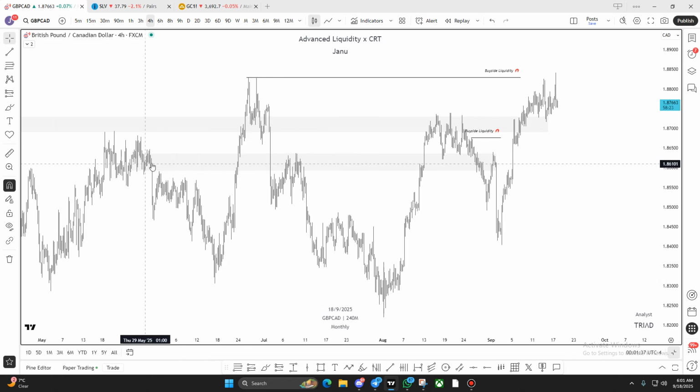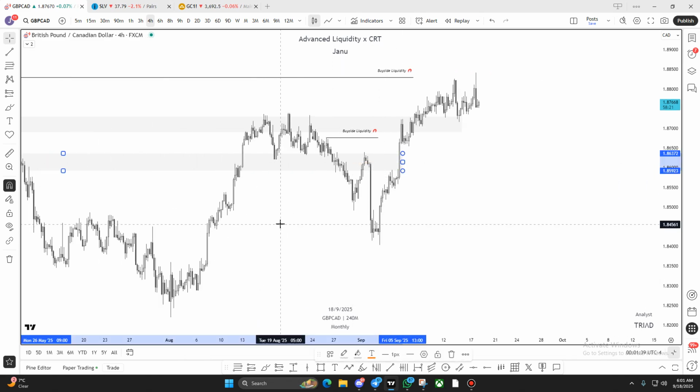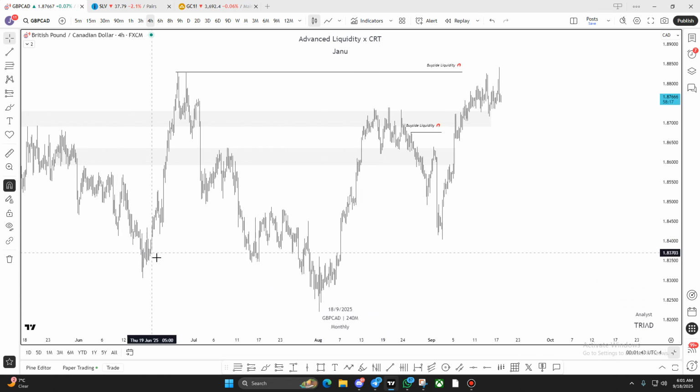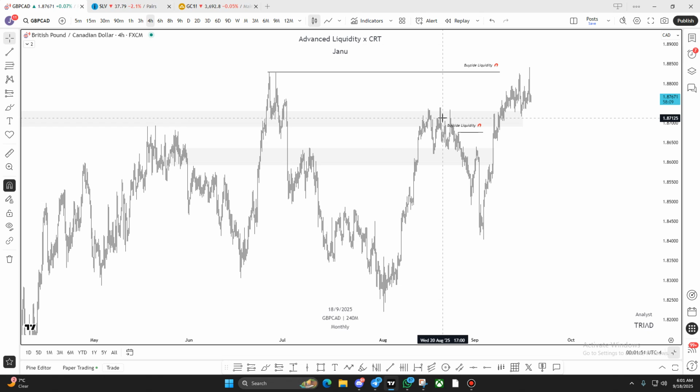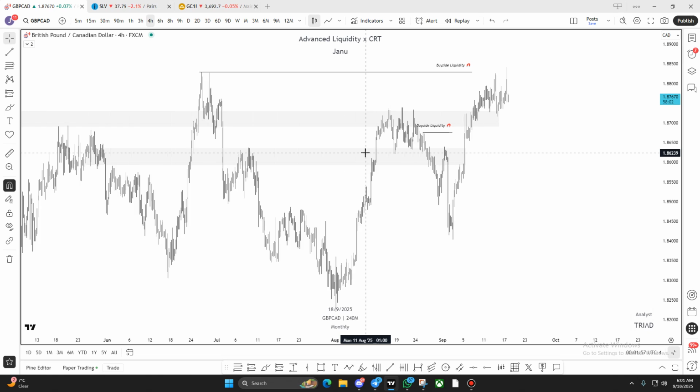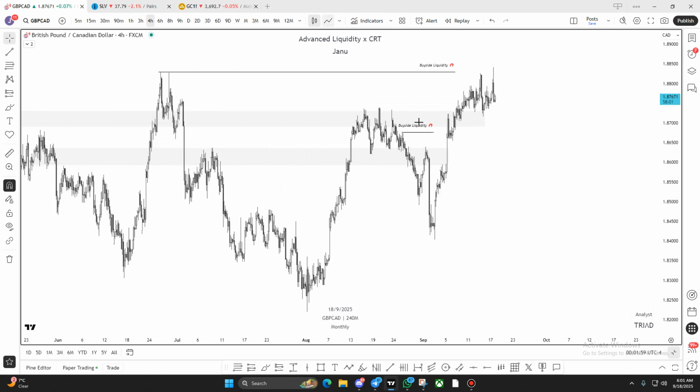And if we look on the lower time frame, we created this area where there was a bearish market structure shift. Price returned back into this resistance, creating this resistance. Price dropped, hit this area again, that is a clear area of support and resistance, and a big aggressive manipulation down.